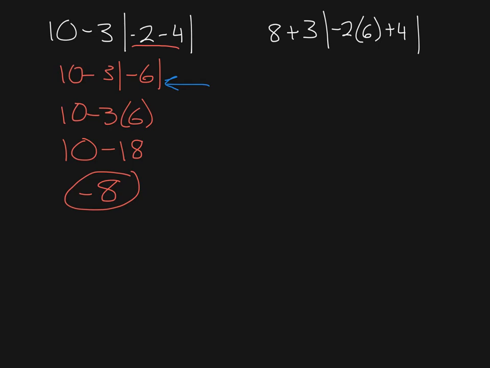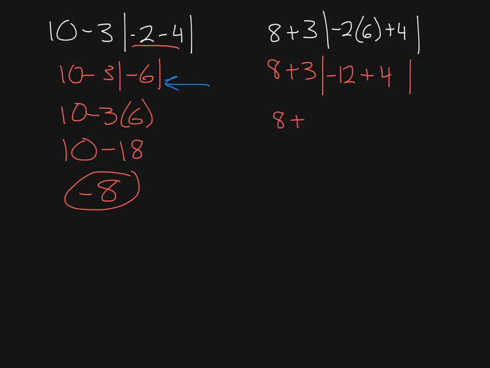In our final example, 8 plus 3 times the absolute value of negative 2 times 6 plus 4. So we can start using the order of operations here. We can calculate what's inside. Negative 2 times 6 is negative 12 plus 4. Because we haven't calculated the absolute value yet, we're going to leave everything inside the way it is. I'm not changing that negative 12 positive yet.